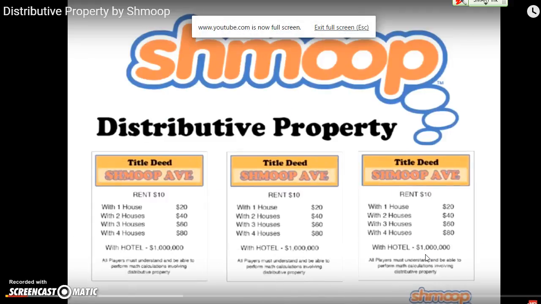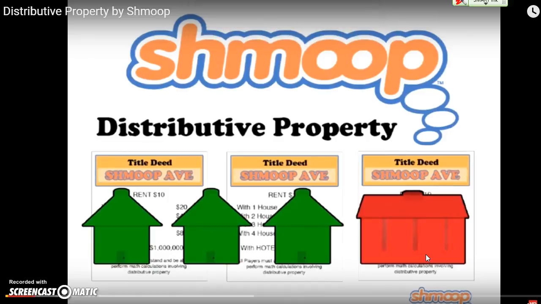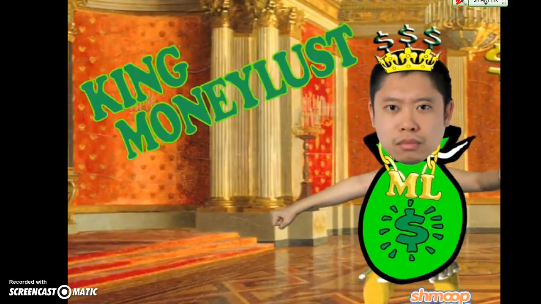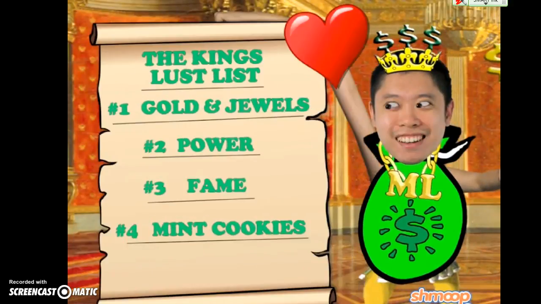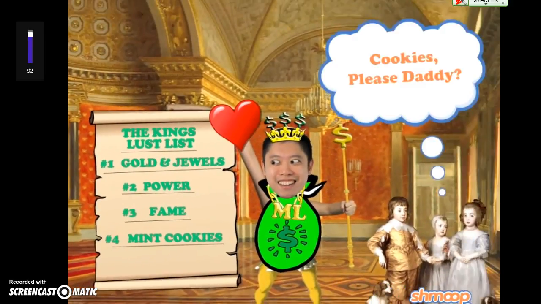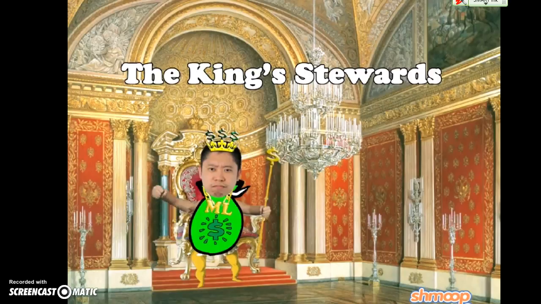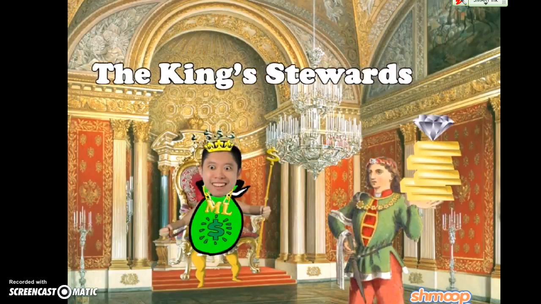Distributive property. King Moneylust valued money more than jewels above all else. One day the king's first steward brought him 5 gold bars and 1 precious diamond.